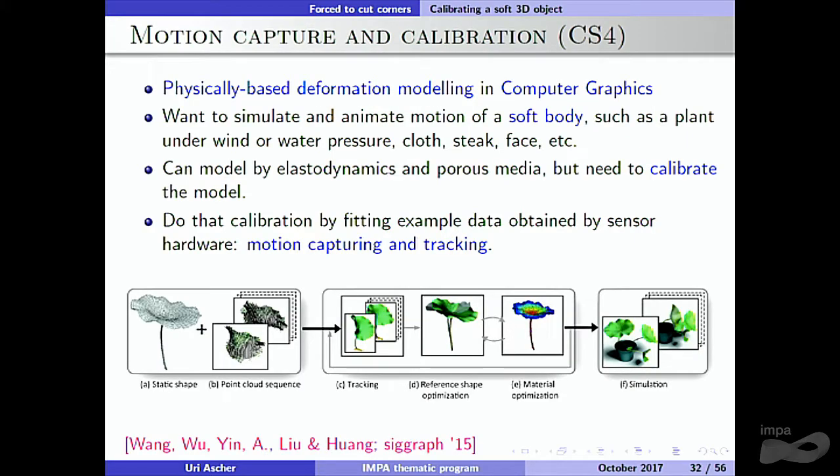And the same thing, for those who were here two days ago, we had something similar. We started with point clouds here. These were our measurements. We did motion tracking, and then the data were the results of the motion tracking.